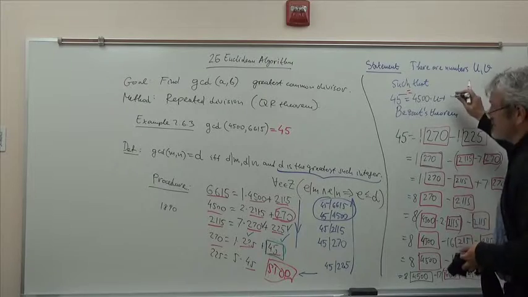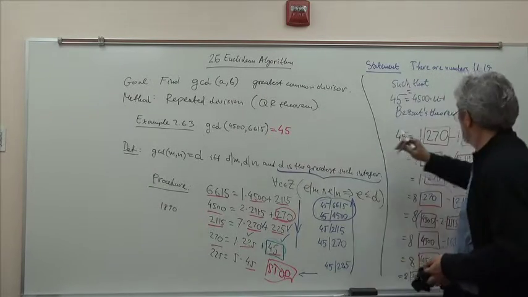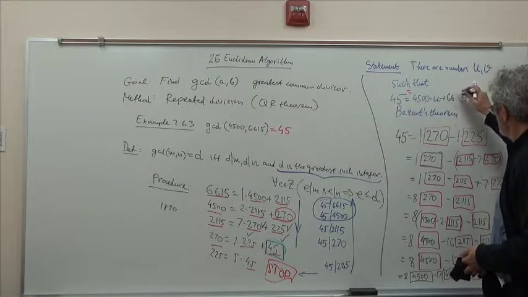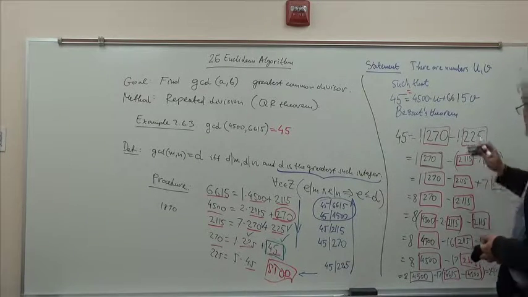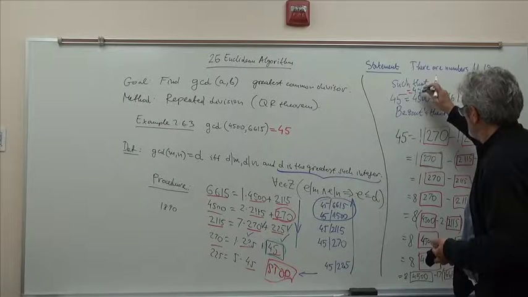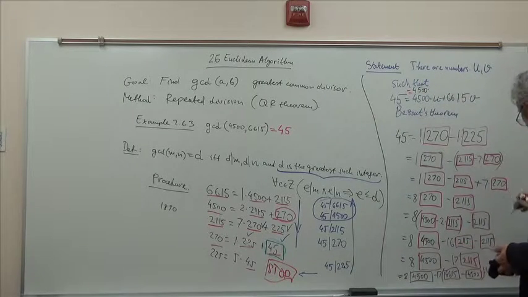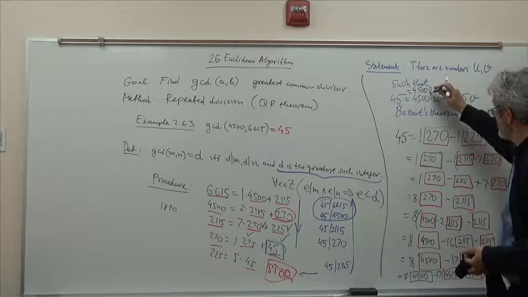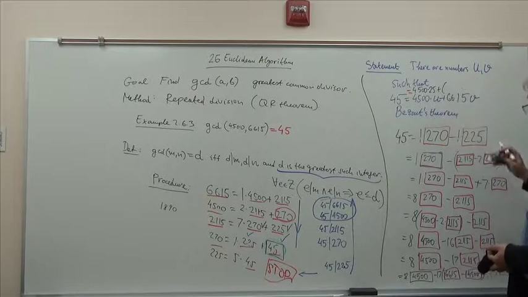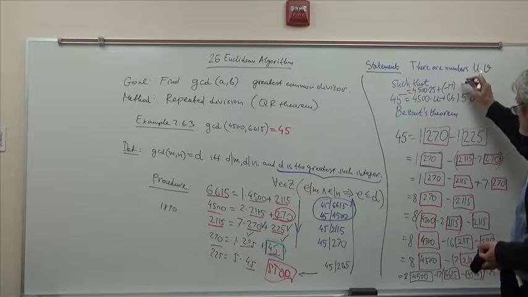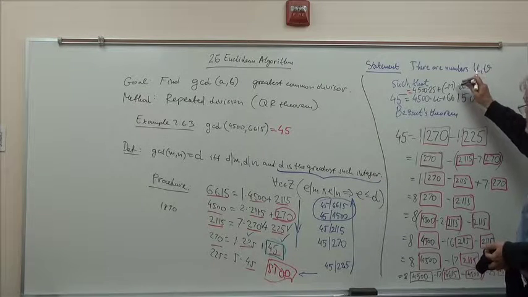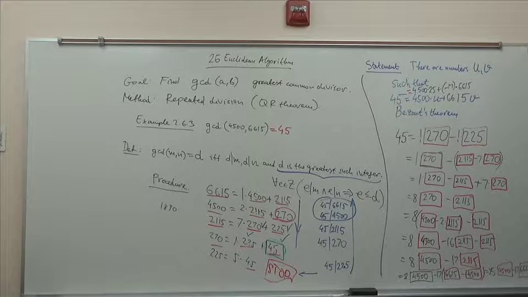The first given one. So those 6615. So what are those numbers? It's 4500 times 25. And plus, this V is negative, minus 17 times 6615. Here it is, those are U's and V's.